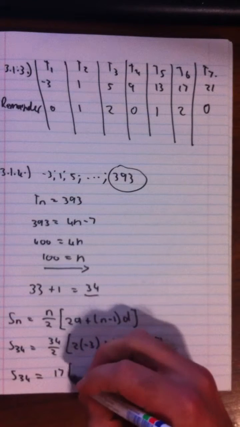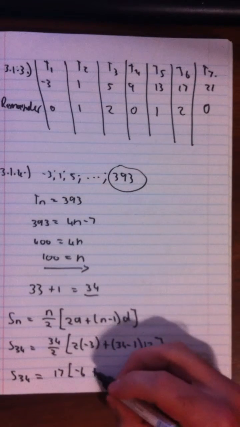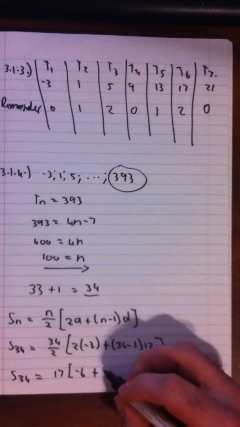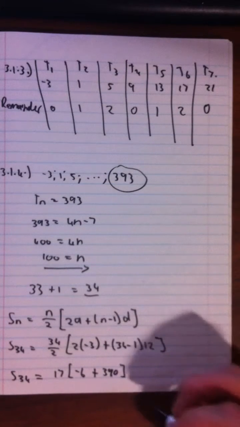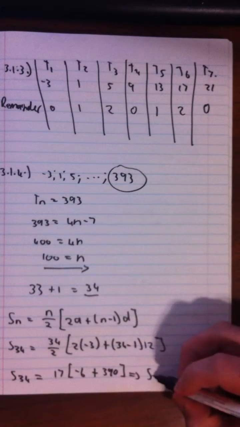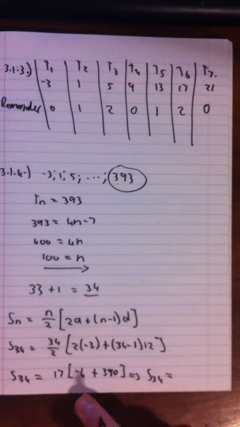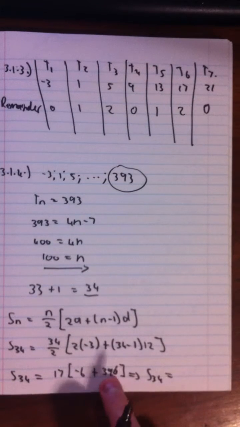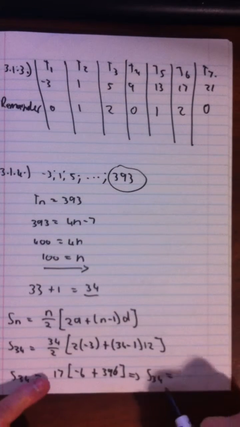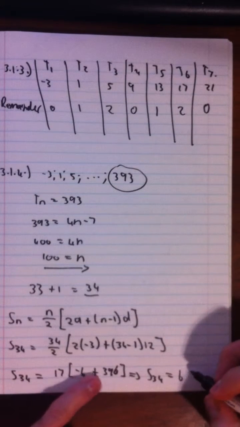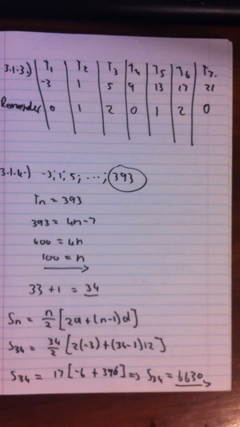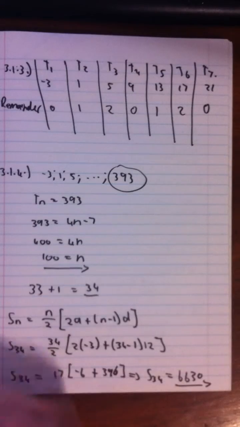Let's just write this out. 17 times -6, plus 34 minus 1 is 33, times 12 is 396, and therefore we have that the sum of the first 34 terms is equal to 396 minus 6 is 390, so 390 times 17, 6,630. There we go, that's the sum to the first 34 terms of this sequence. Okay, let's go on to the next question.